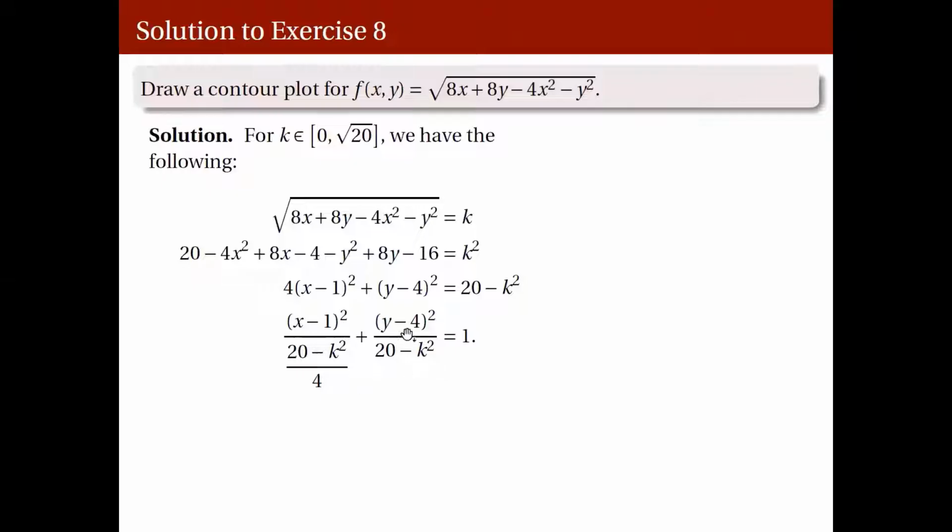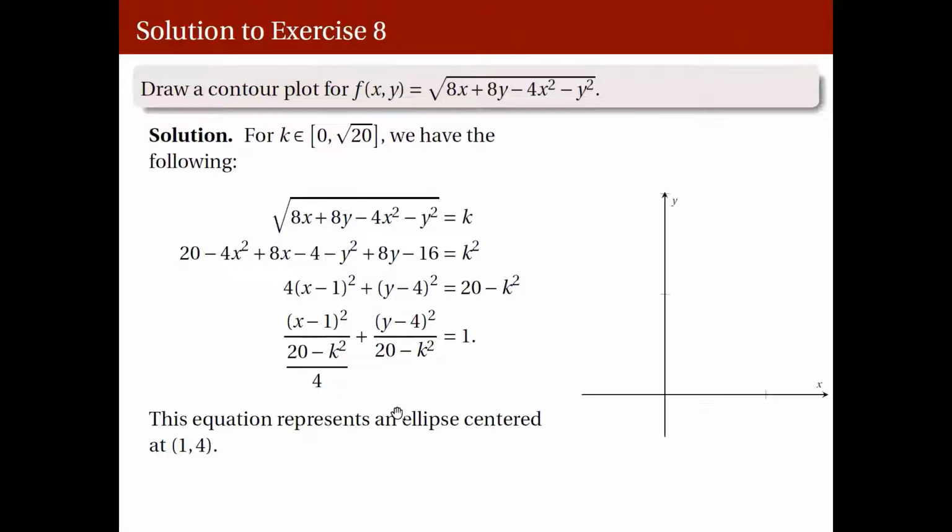This equation here represents an ellipse. So as your k runs between 0 and square root of 20, these are all ellipses, centered at 1, 4. Let's just draw some of these concentric ellipses.